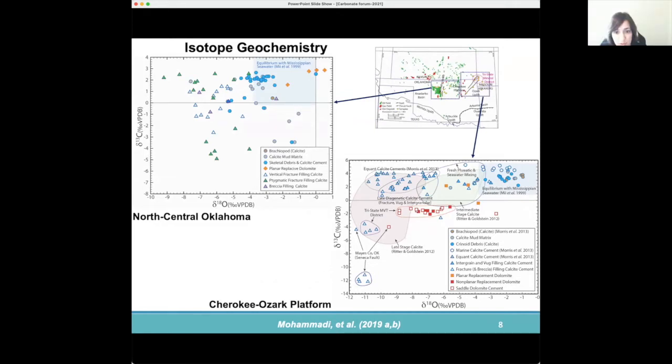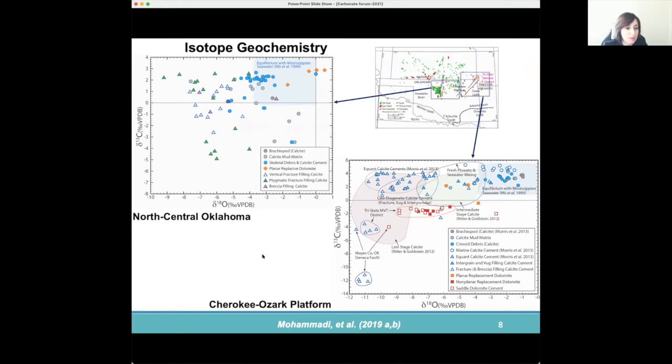So he's asking if you see any differentiation between your replacement dolomite and saddle dolomite phases on a sample by sample basis. Is it one big clump, or do you see variation within the sample sets of replacement dolomite and saddle dolomite?